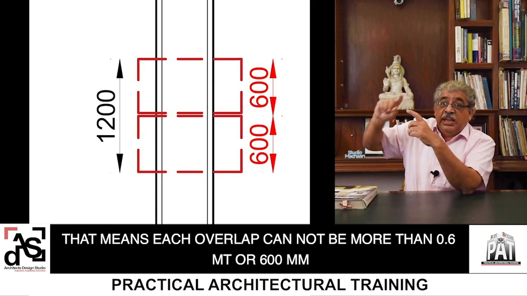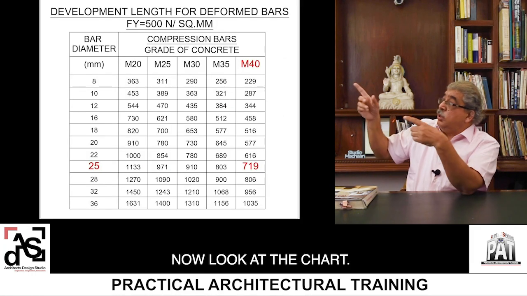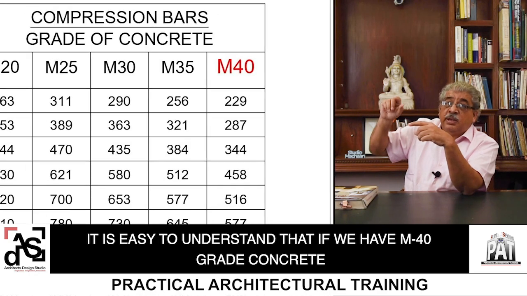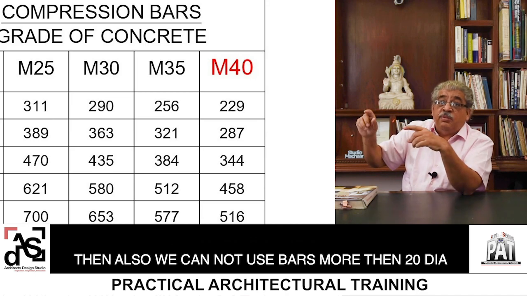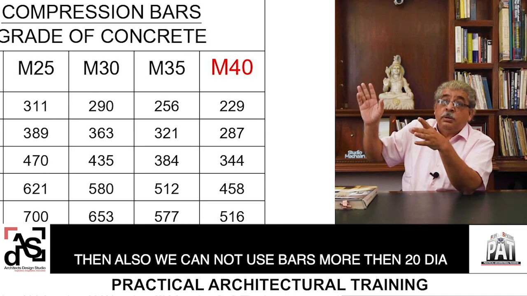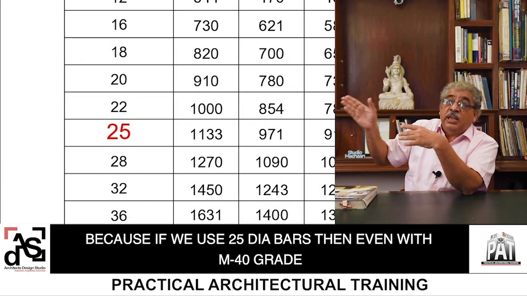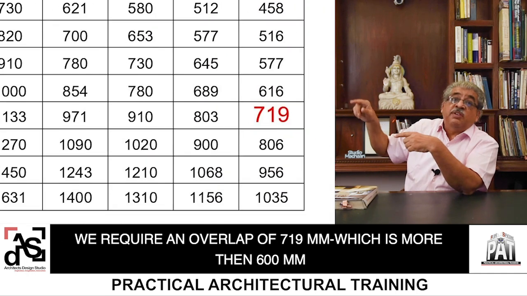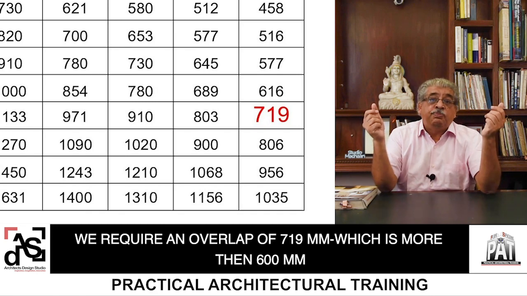That means each overlap cannot be more than 0.6 meter or 600 mm. Now let's look at the chart again. It is easy to understand that if we have M40 grade concrete, even then we cannot use bars more than 20 dia, because if we use 25 dia, then even with M40 grade we require an overlap of 719 mm, which is more than 600 mm.